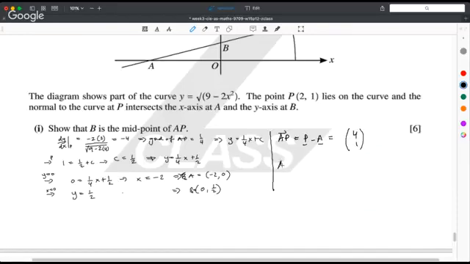So the midpoint is A plus 1/2 AP, and that's equal to (0, 1/2), which is equal to B. So that's shown. The first thing was to find A, then to find B using this one method, and then to find the midpoint of AP and show that it was equal to the same thing as B.